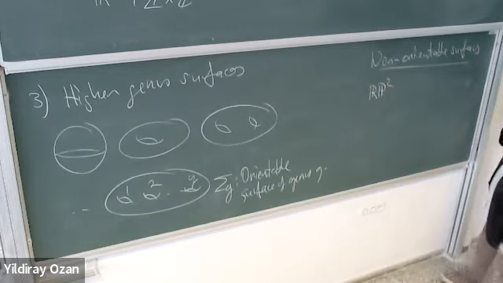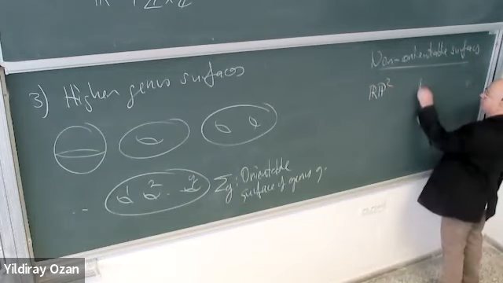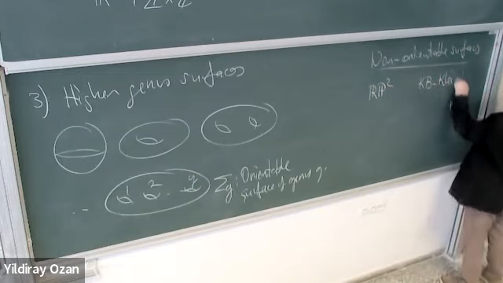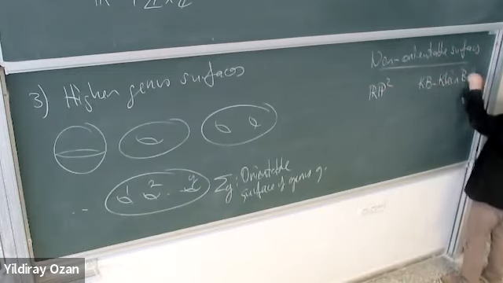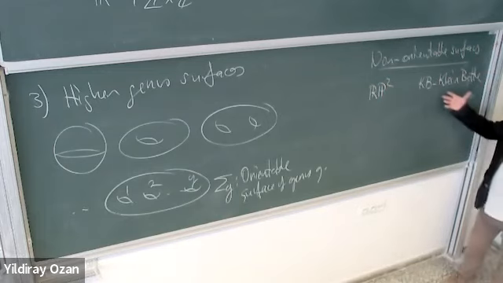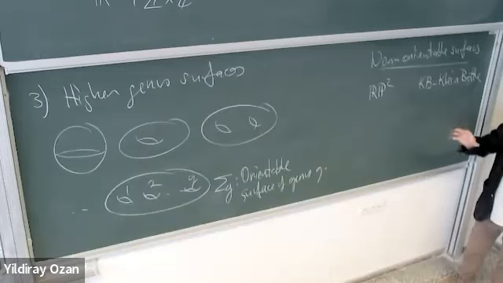We described it, but it's not easy to draw. But Klein bottle, I can draw it. Of course, this Klein bottle also doesn't embed into R3, but it is immersed into R3, so we can draw a picture of it.